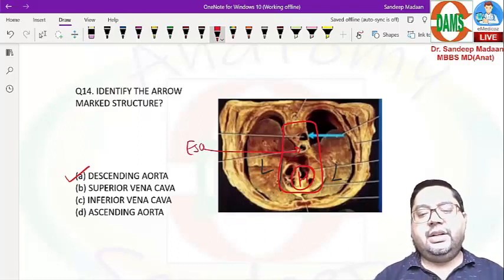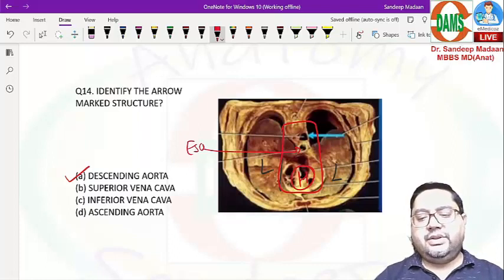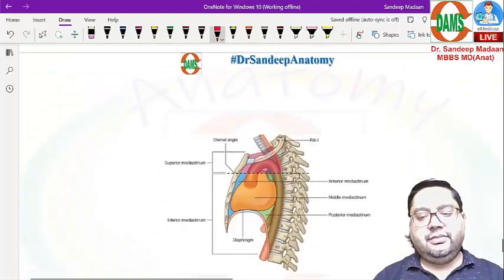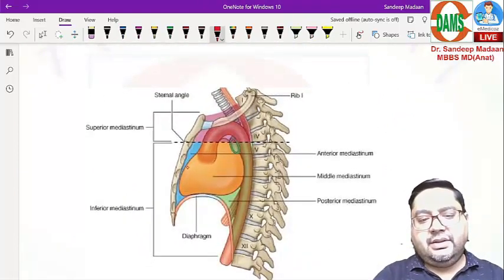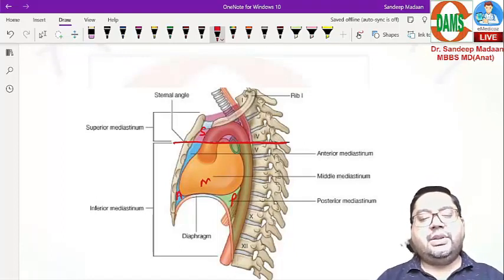Now how to identify this? Let me show you this diagram. Here you can see the mediastinum, and this is the plane. Above the plane we have the superior mediastinum, below the plane we have the inferior mediastinum, which is further divided into anterior, middle and posterior mediastinum because of the presence of the heart, right?